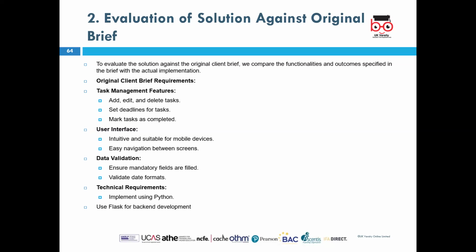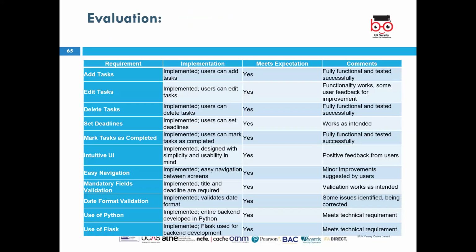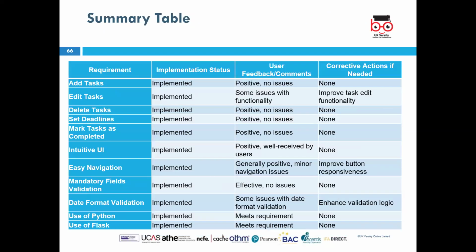So we have our original client brief requirements with our task management features, user interface, data validation, and technical requirements. Here's a table of how this evaluation is going to look. Also, we have a summary table for this.